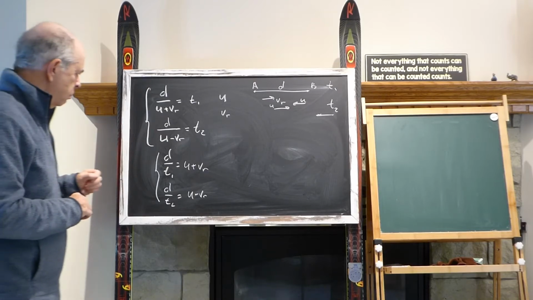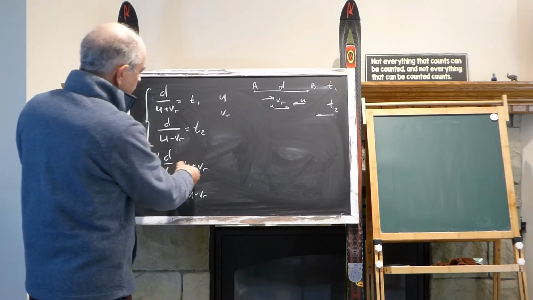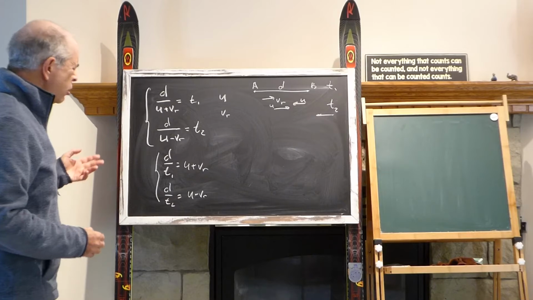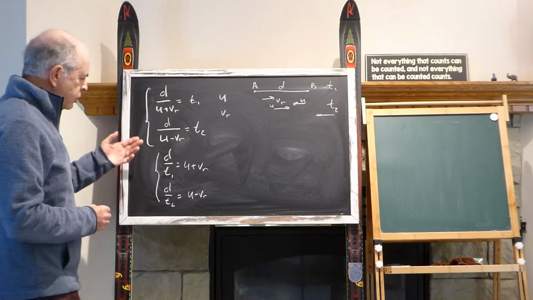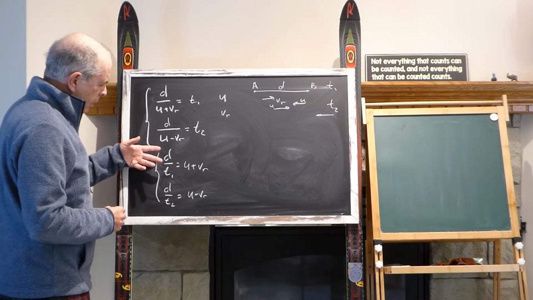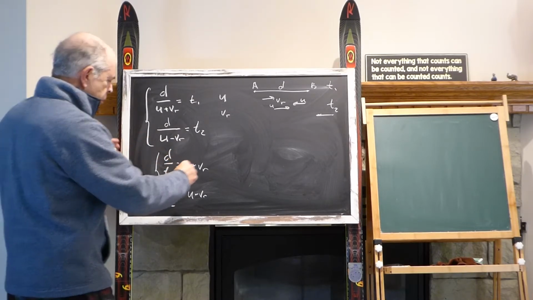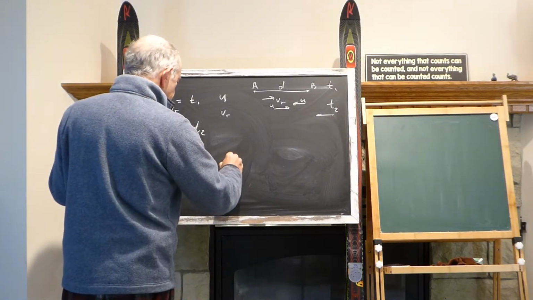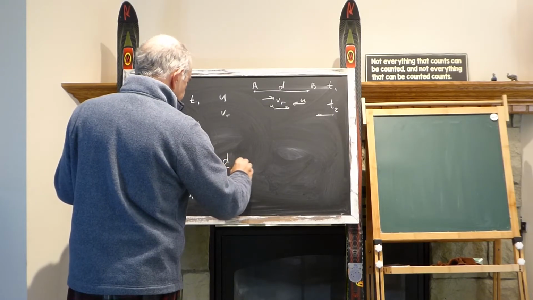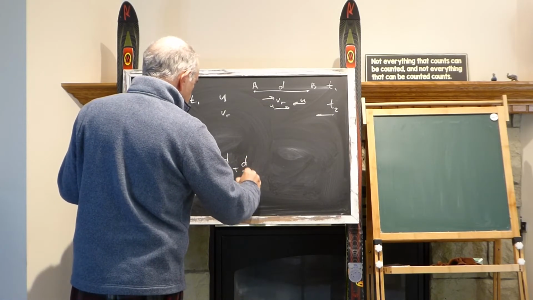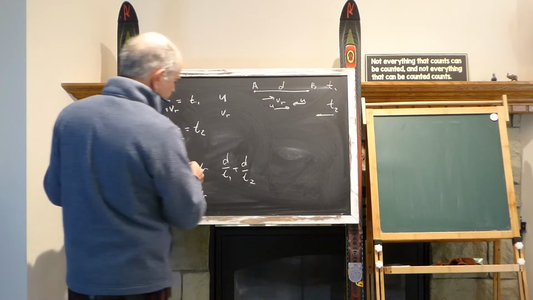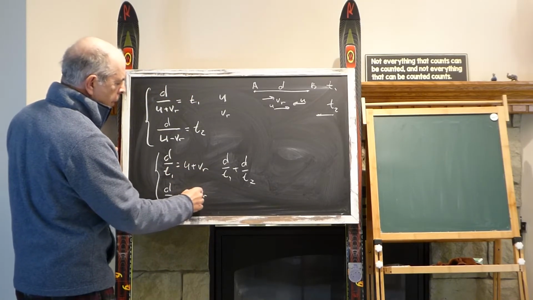two unknowns. And again, we can find U from here, put it here, but it is so simple in this case. Let's do two things. Let's, for example, add those first, and when we add those first, we will have D over T1 plus D over T2, and it would be U plus VR, U minus VR.